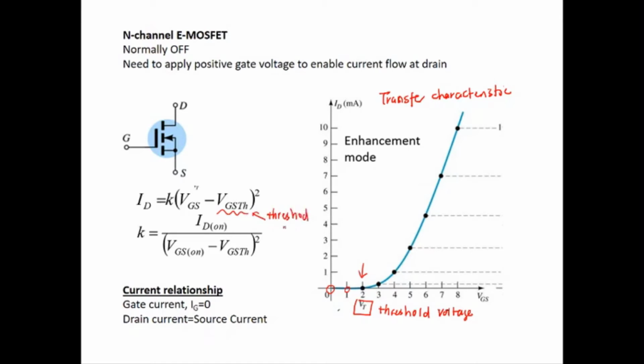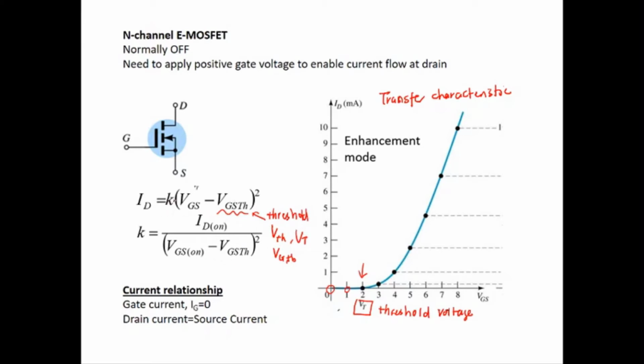There are many ways to denote this threshold voltage. Sometimes we use the symbol VTH, sometimes VT, sometimes VGTH. So please take note if you refer to other references, as the way they denote the threshold voltage may be different.